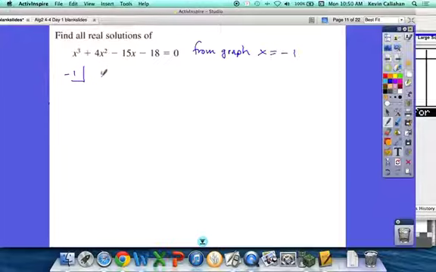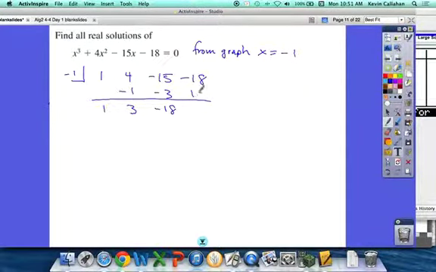See, we got 1, 4, -15, -18. Bring down a 1. -1 times 1. -1 times 3. -1 times -18. 0. Okay, there's our remainder, which we expected. And now we've got x squared plus 3x minus 18.